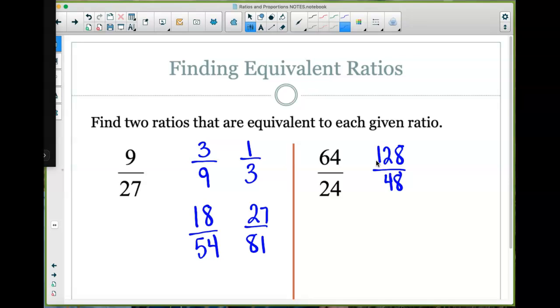So I've got 128 over 48 works. 32 over 12 works. Somebody said 16 over 6. That would also work.